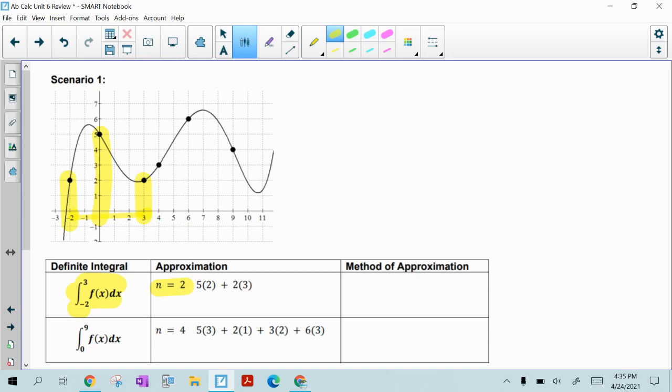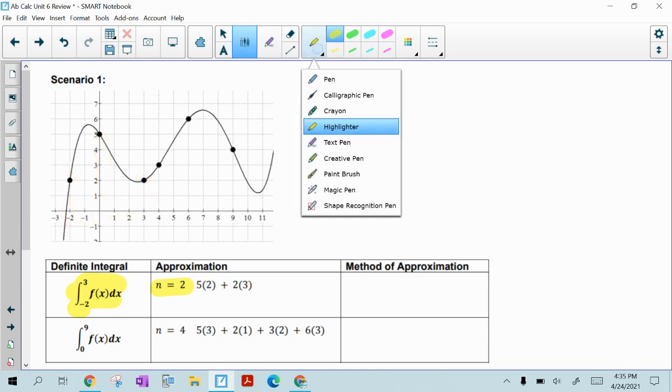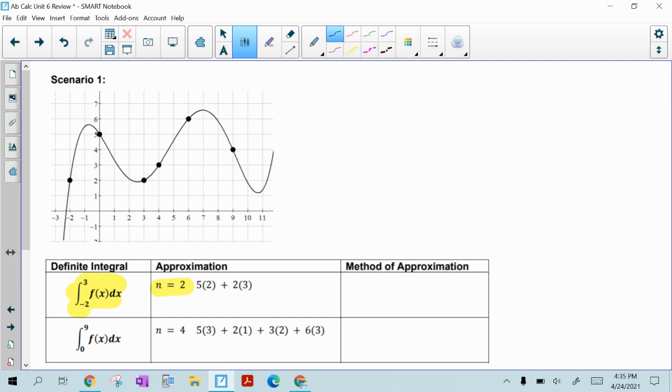The only thing I need to do is figure out which technique I used to get the answers that I'm looking at here. So let's take a quick crack at this one. It says I'm looking at 5 times 2. Well, I can say that my distance from here to here is 2, so I've got that. And then I'm going to be looking up here and say, that's my height.